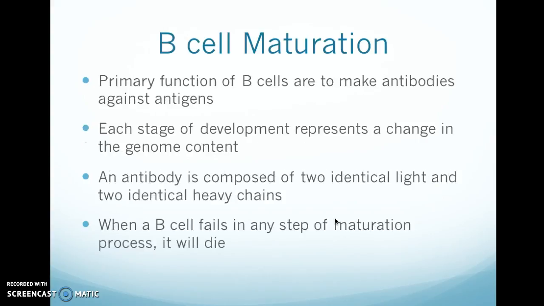Moving from development to B cell maturation, the principal function of B cells is to make antibodies against antigens, and also to perform the role of antigen-presenting cells, or APCs, and then eventually develop into memory B cells after activation by antigen interaction.